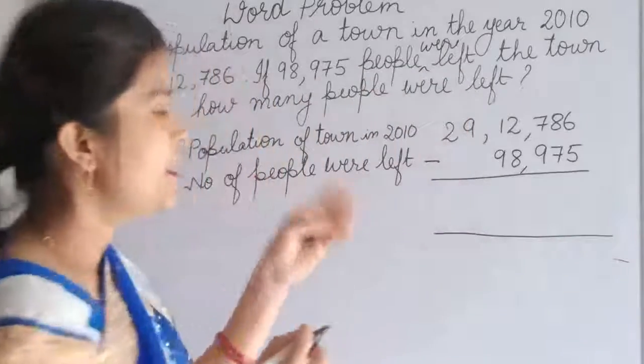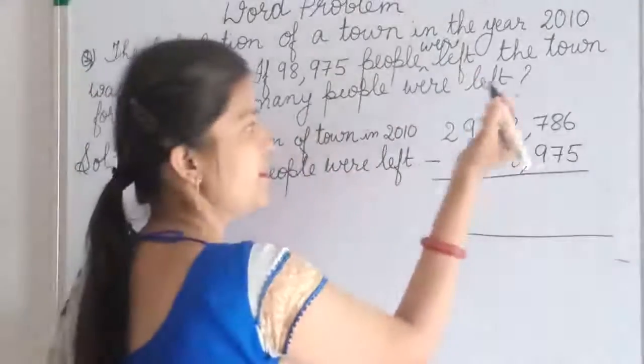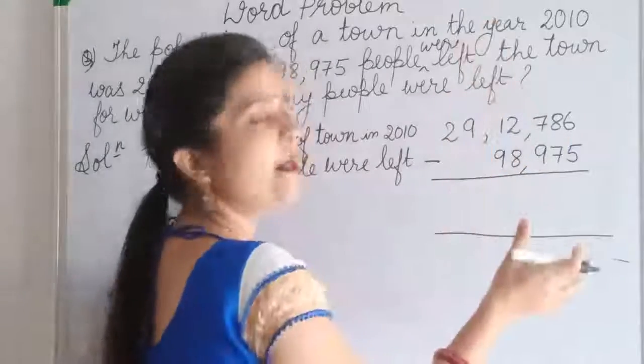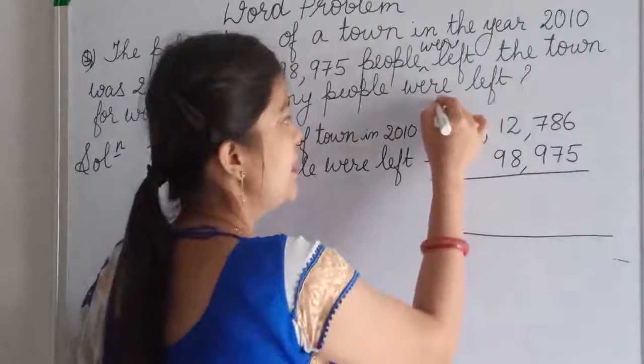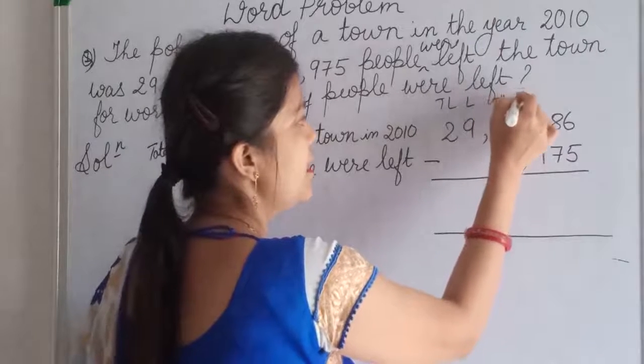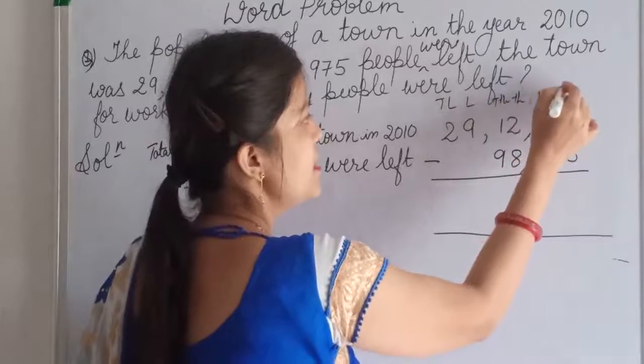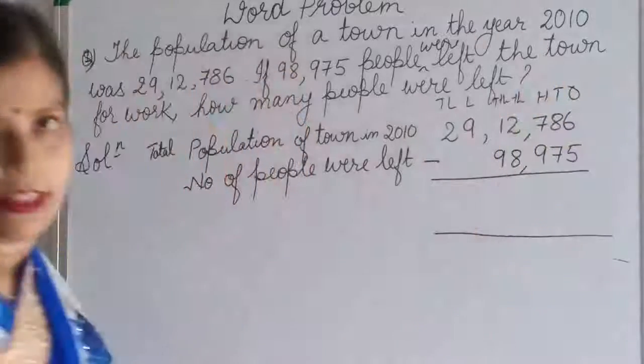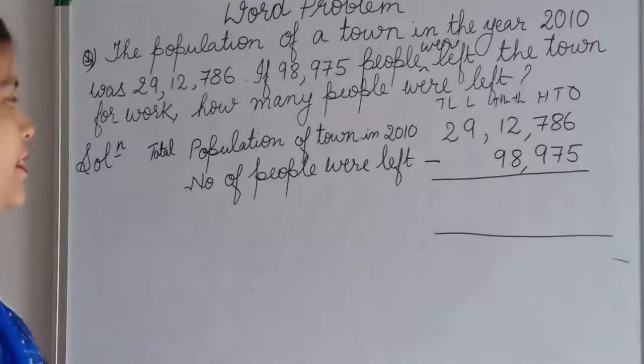And if it is difficult, then you can write in a place value table also like this. It is 10 lakh, lakh, 10,000, 1,000, 100, tens, ones. And in the column only you write nicely. There will be less chance of mistake then.